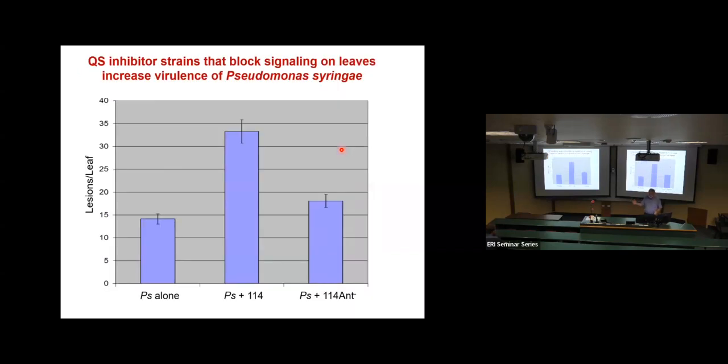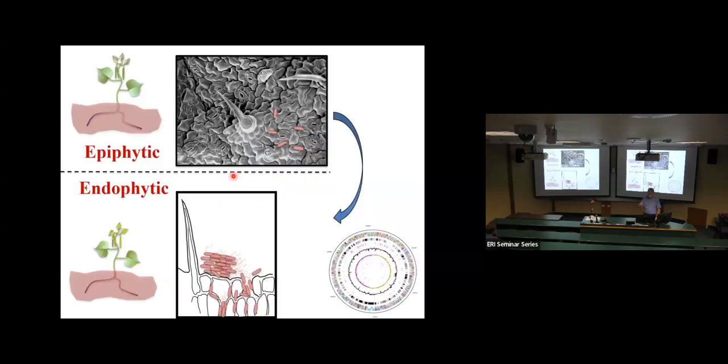And the opposite was also true, that when we had strains like this strain 114, which interfered with Pseudomonas syringae's ability to make signal, now compared to the pathogen alone, we see like 2 or 3 times more likelihood of disease because the cells are more active. They are not suppressed by the presence of the signal. They're moving around and apparently finding their way into the plant where they would then cause disease. So again, disease is very conceptual.